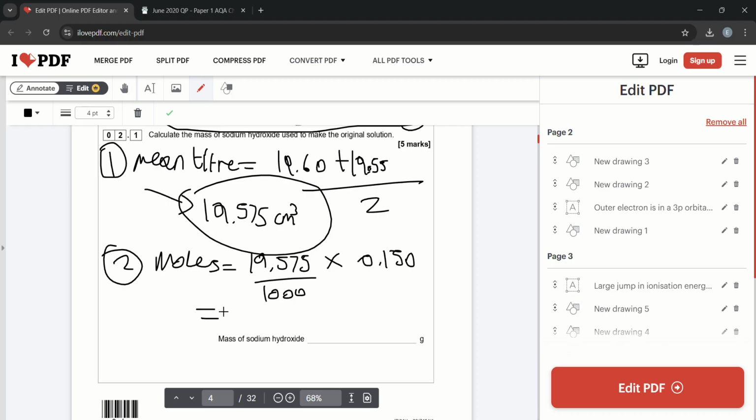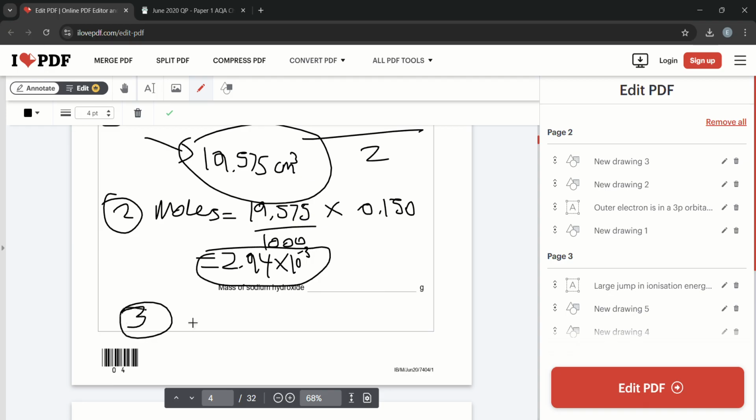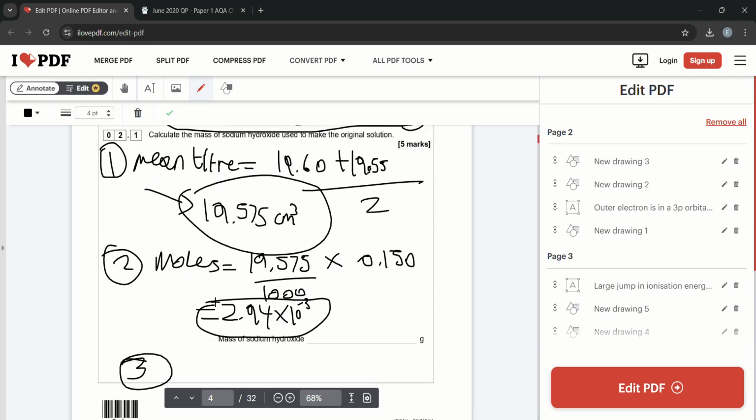That'll give me 2.94 times by 10 to the power minus 3. And now I have the moles of H2SO4.